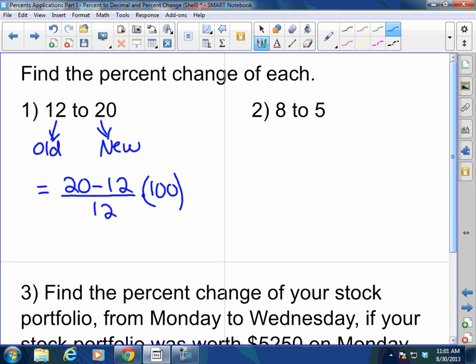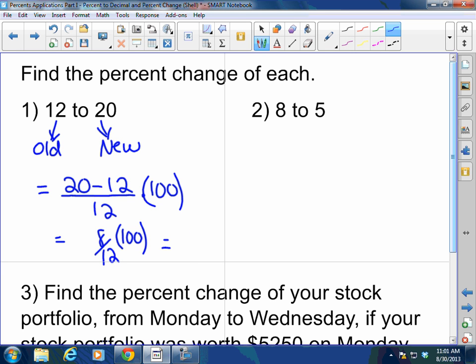So let's check this out. 20 minus 12 is 8 over 12 times 100. This times 100, by the way, I need to put it here because you need to understand that you're multiplying by 100 to change the decimal into a percent. But as long as you know you have to convert the decimal to a percent at the end, you don't really need to have that 100 there, okay?